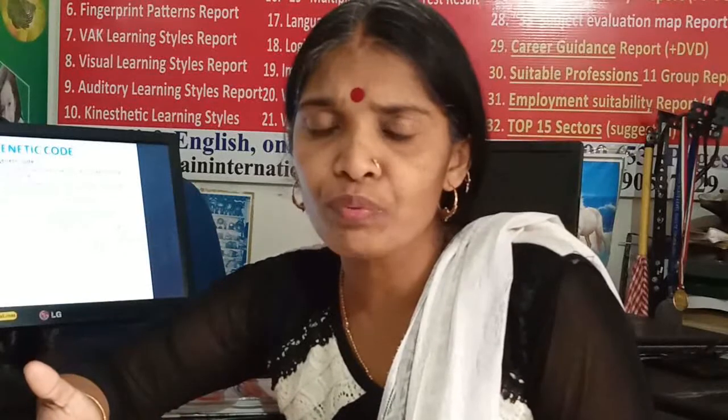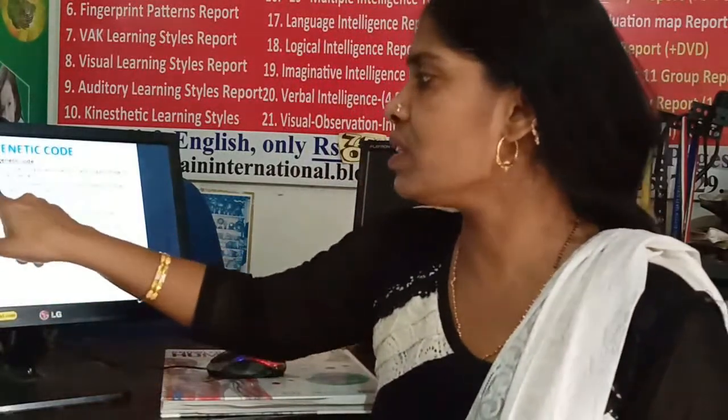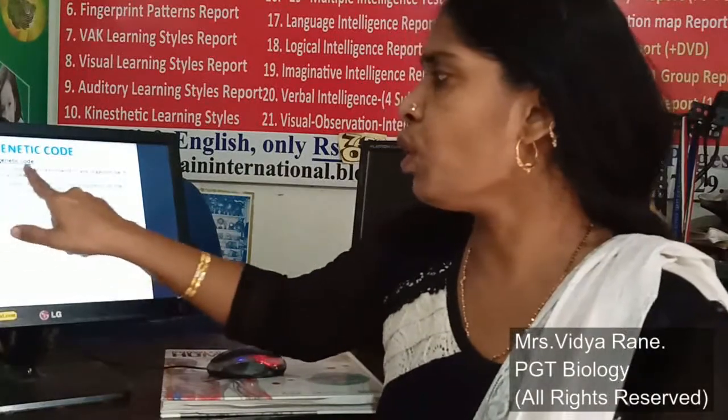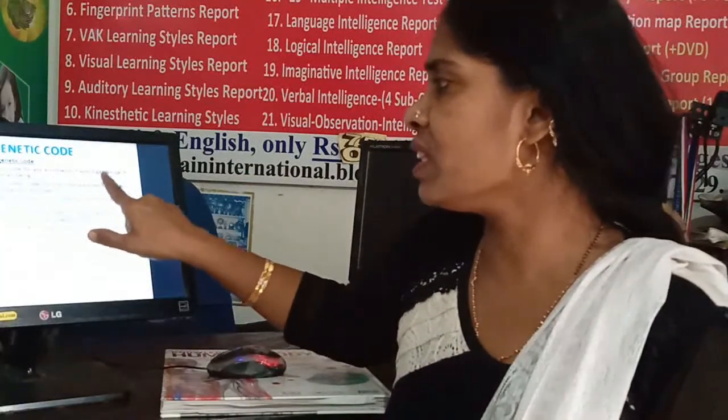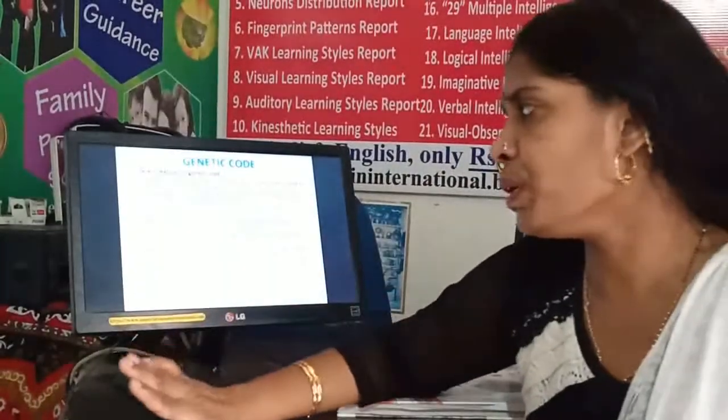But if you check this even in bacteria, it will code for phenylalanine only. Means in any living organism, if the UUU codon is there, it will code for phenylalanine only. So this means the genetic code is universal. Codons code for the same amino acid in any organism, be it a bacterium or a human being.